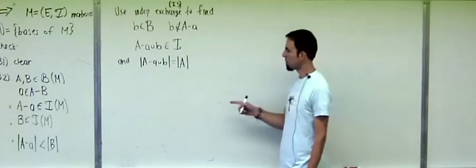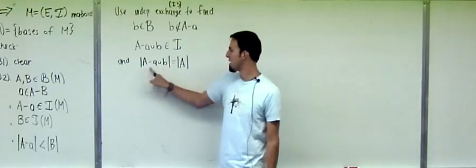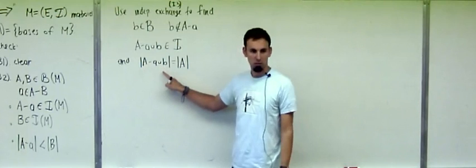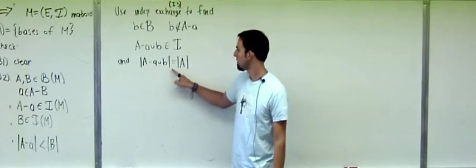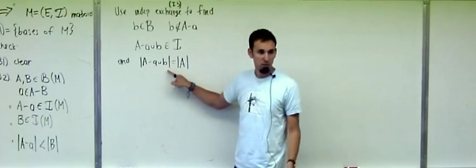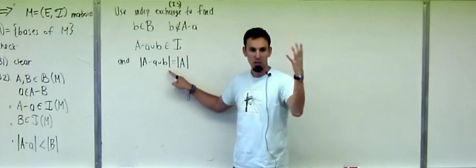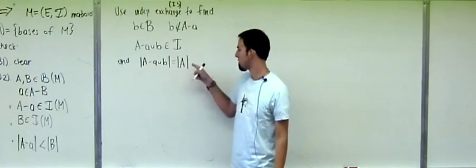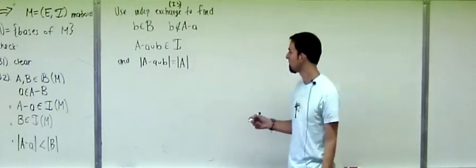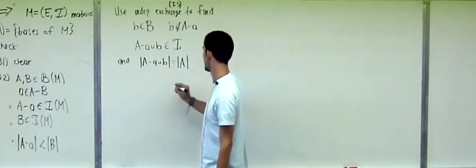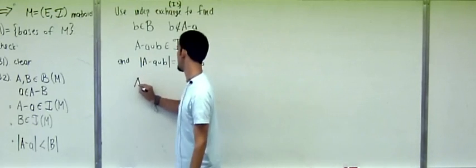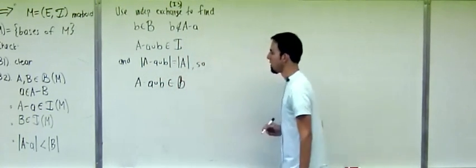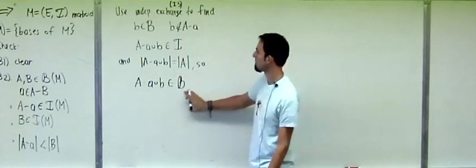Remember, how do you know if this guy is a basis? Well, it's a basis if it's independent and nothing containing it is independent. But if this guy has the size of the basis, then anything bigger than it cannot be independent, because all the bases have the same size. Therefore, if this guy has the right size and it's independent, it has to be a basis. So A minus a union b is a basis.